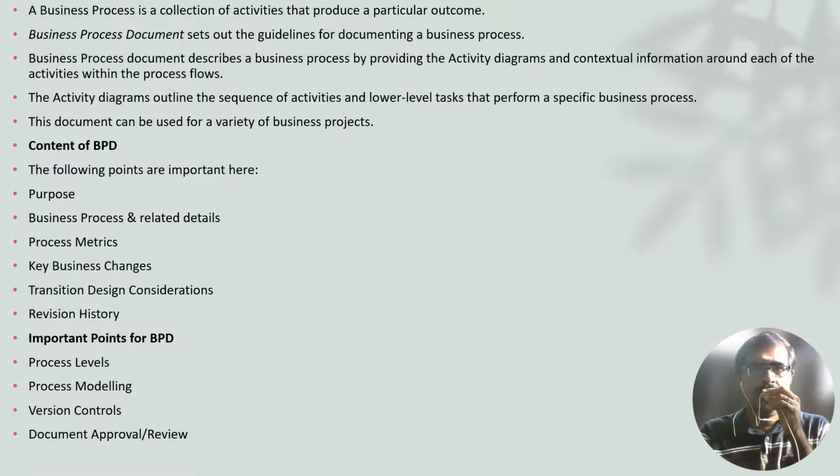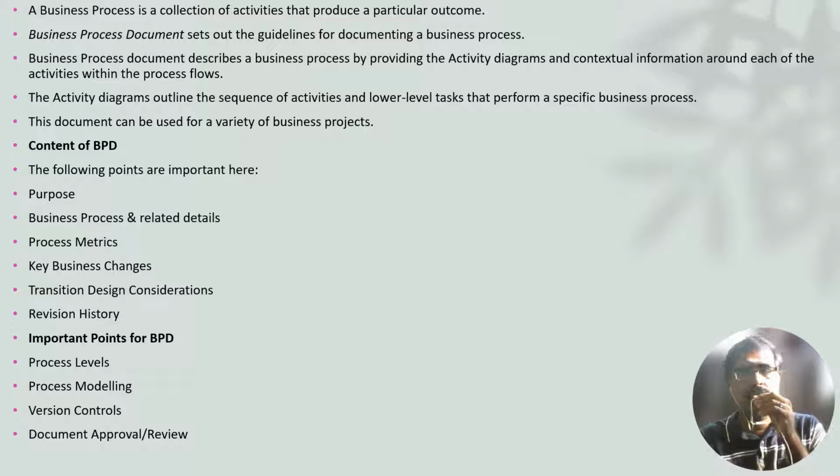So now we have in mind what a business process document is, or what a business process is. The answer is that a business process is nothing but a collection of activities in a particular area of SAP, like materials management or procurement or warehouse management or order to cash or plan to produce, whatever it may be.